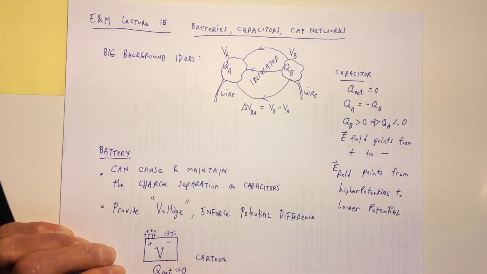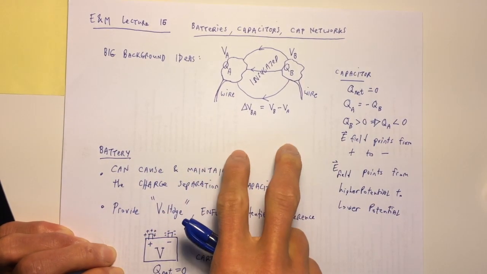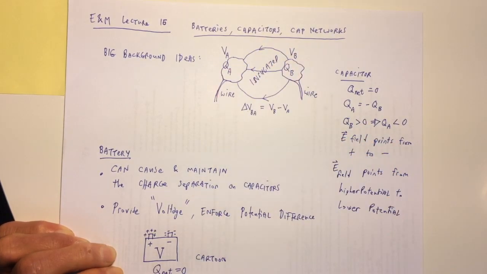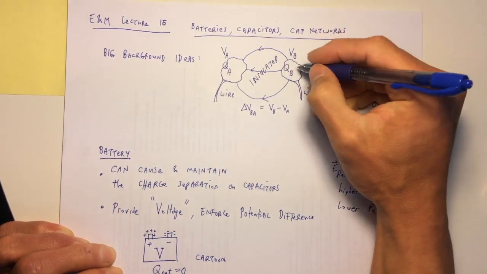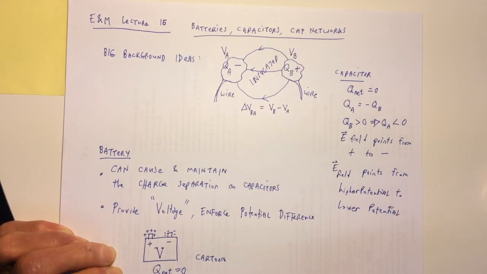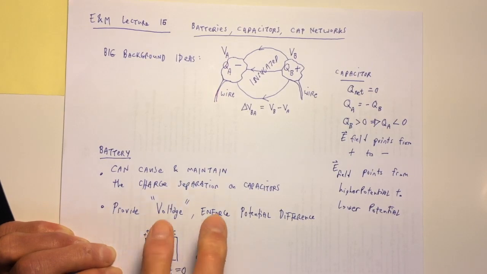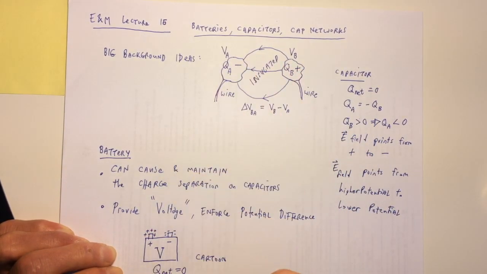And so what you can do is you can actually take this battery and use it to cause this potential difference. If you remember though, QB was the positive charge, QA was the negative charge, so I'm going to have to take this battery and turn it around in order to cause this charge separation.